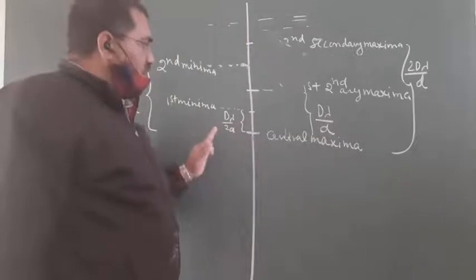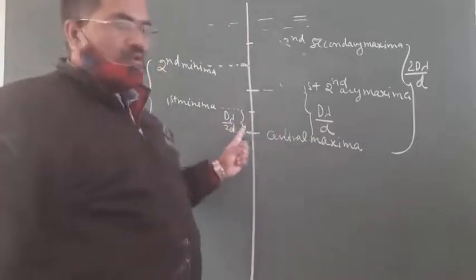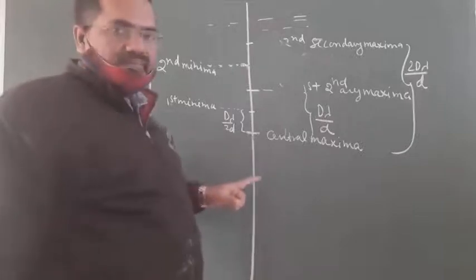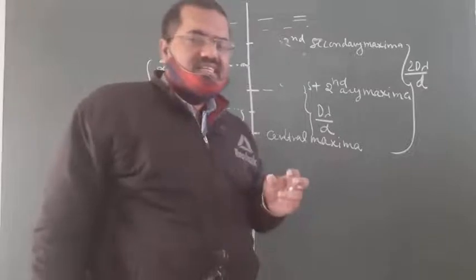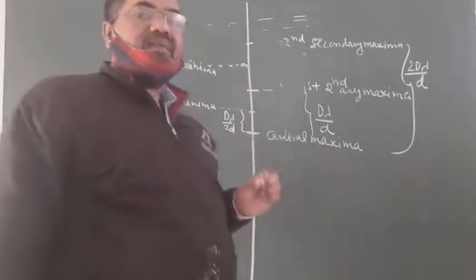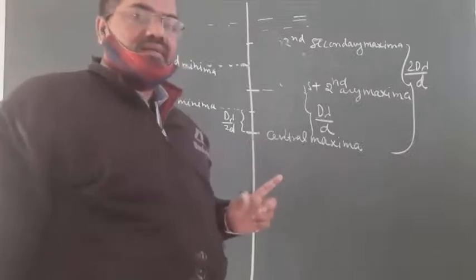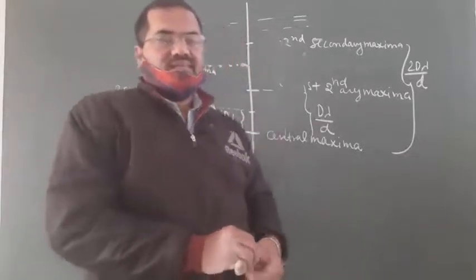Similarly, first minima will be obtained at d lambda by 2d, and second minima at 3d lambda by 2d. So you can see that the distance between every maxima is d lambda by d, as well as every minima, and this distance is known as fringe width.